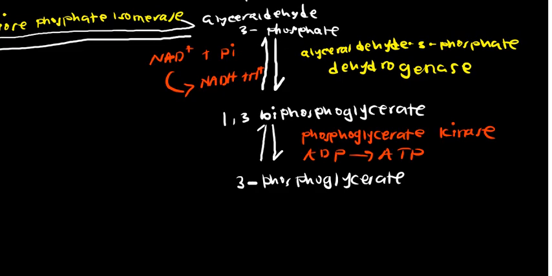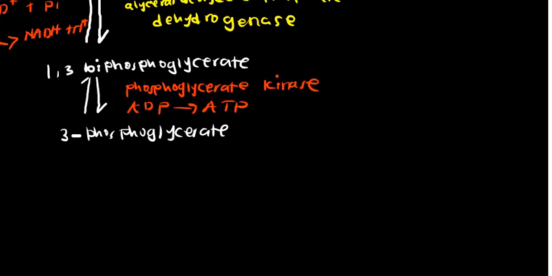So this is what we call substrate level phosphorylation, because there is formation of ATP from this substrate, since 1,3 phosphoglycerate is just a substrate in the reaction. Let's write it in yellow so that you can remember: substrate level phosphorylation.